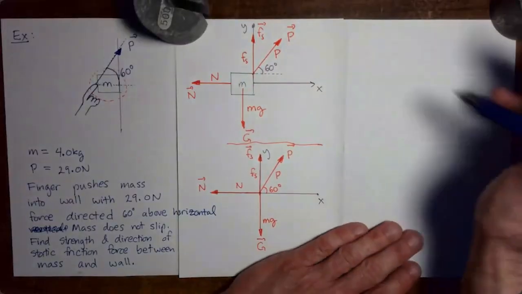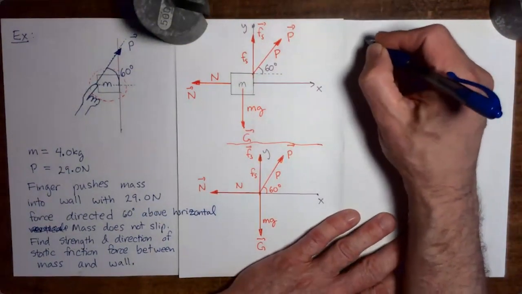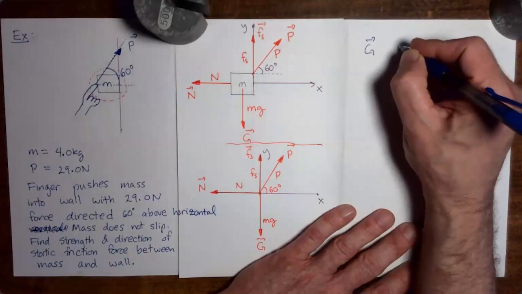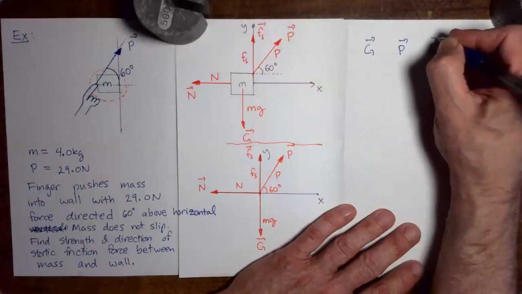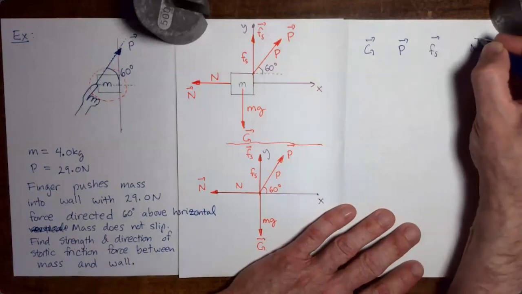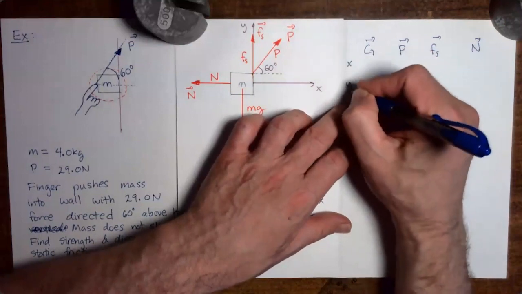So as usual, start by listing the vectors across the top. We have gravitational force, push force, static friction, normal force, x component, y component.